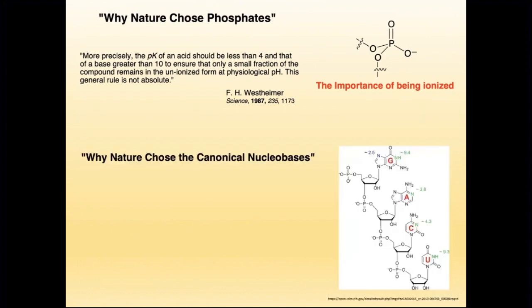When you look at these canonical nucleobases, whose pKa is around 4, the answer is exactly the opposite. Here they are hydrophobic, and the answer is of being not ionized. That means they are the exact opposite of phosphates.